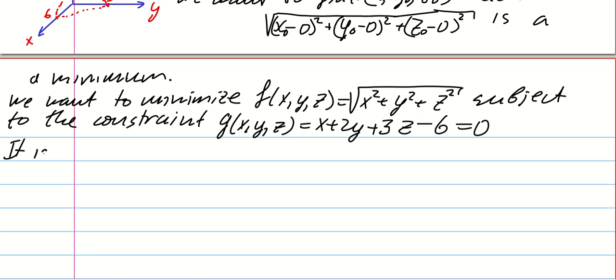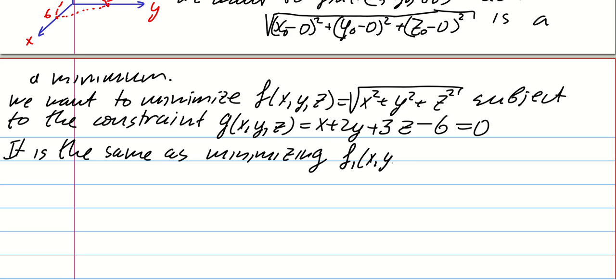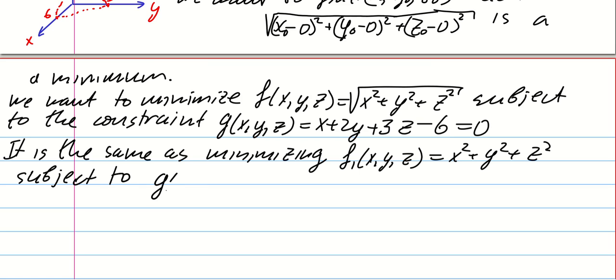So it is the same as minimizing f sub 1 of x, y, and z equal to x squared plus y squared plus z squared, subject to g of x, y, and z equal to 0.